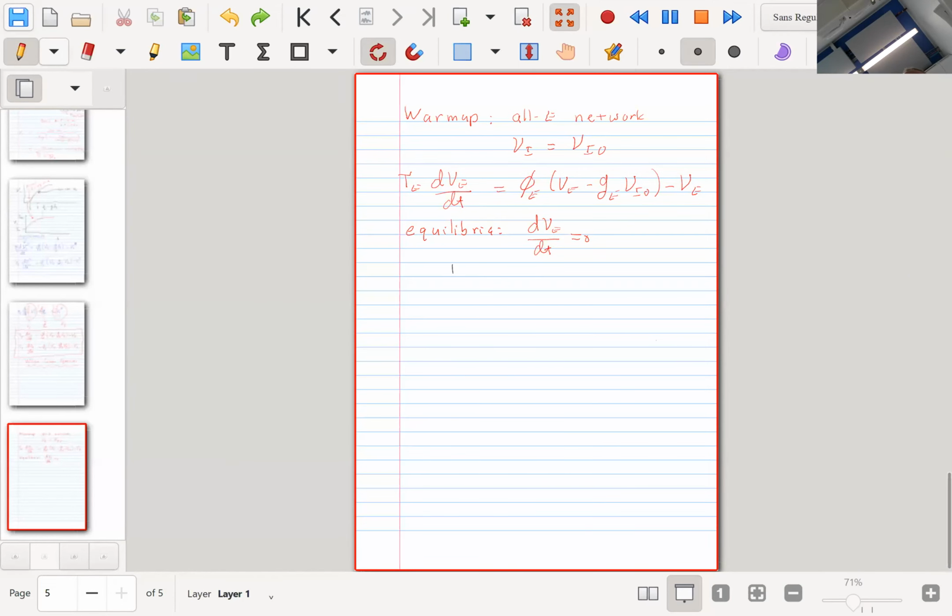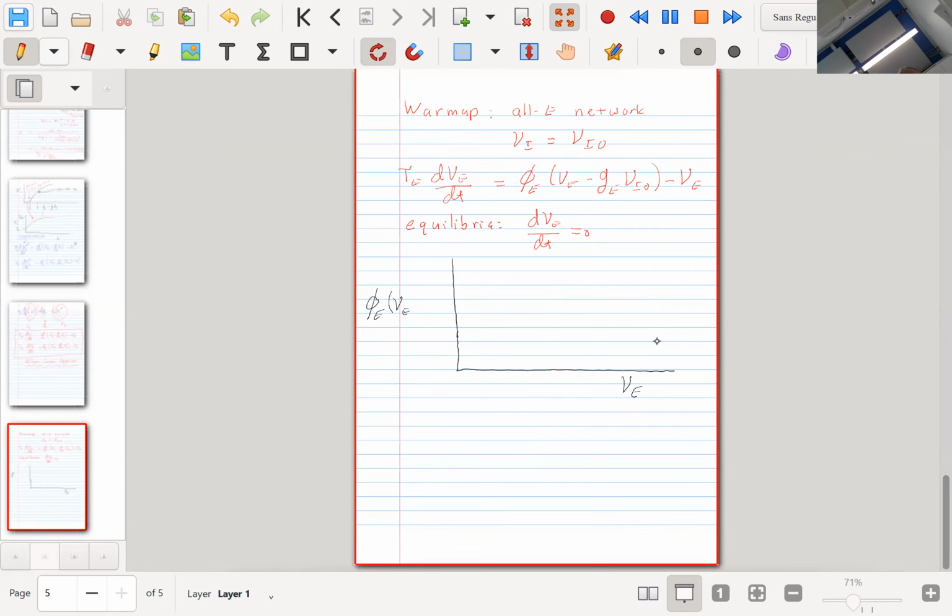So on this axis, we're going to plot nu E. I'm going to plot on this axis phi E of nu E. I'm going to start out with nu I 0 equals 0. And so we know the shape of this thing, right?